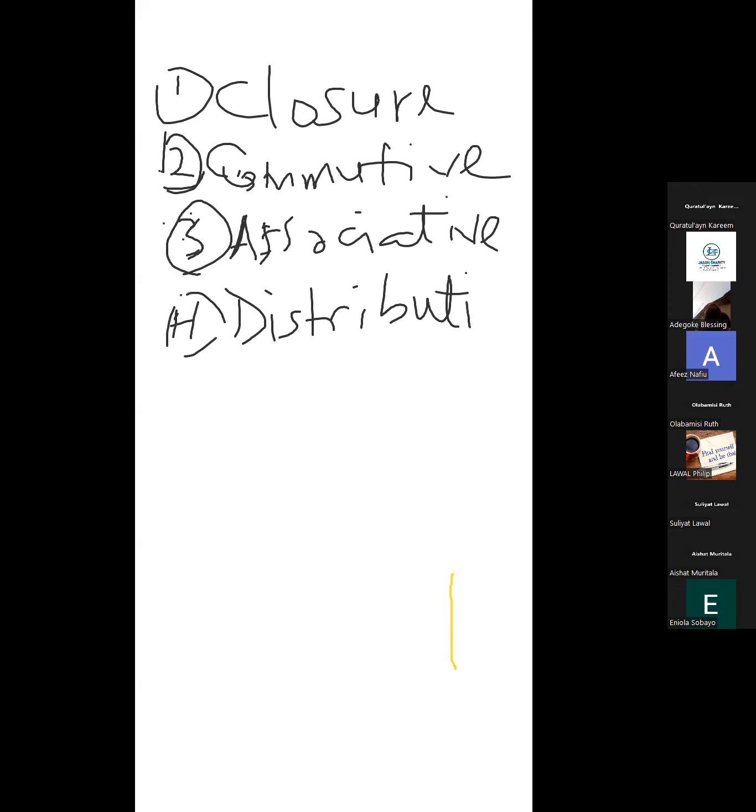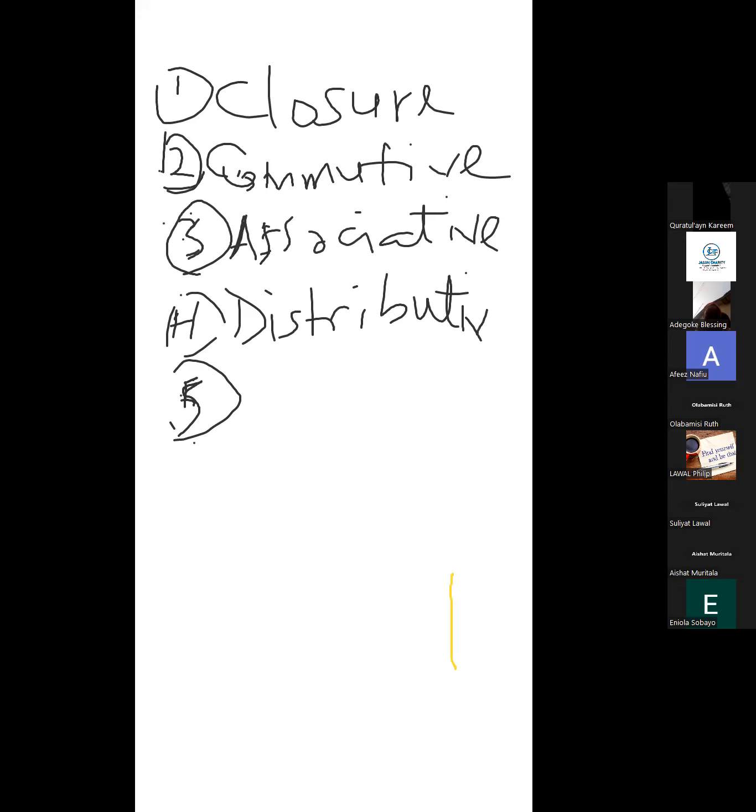Okay. Then the next one we have identity property. Closure, commutative, associative, distributive. Let me see if I can write it well.